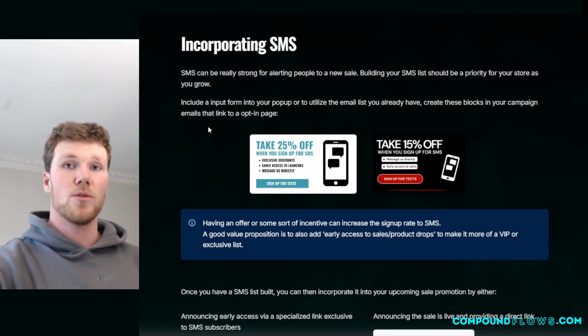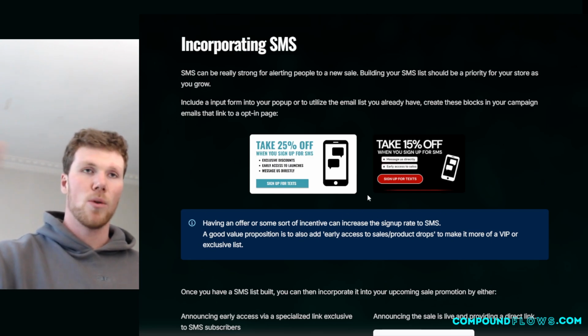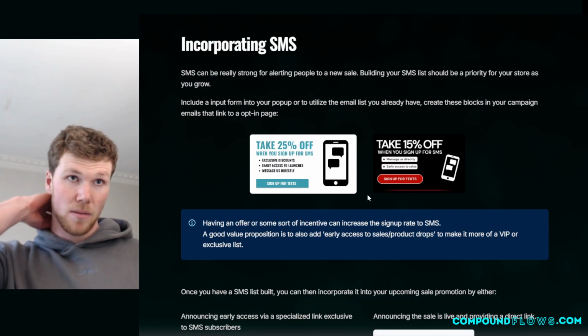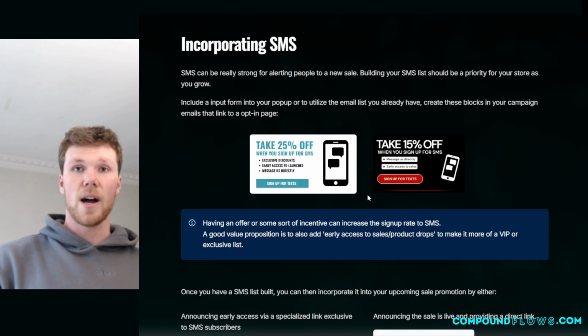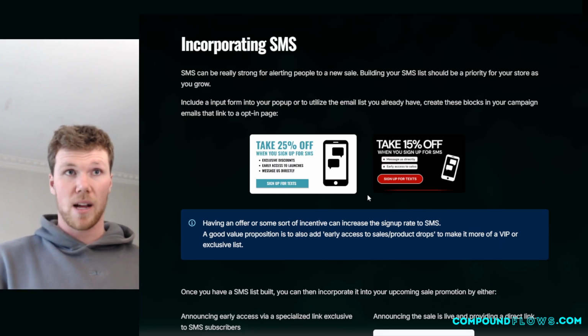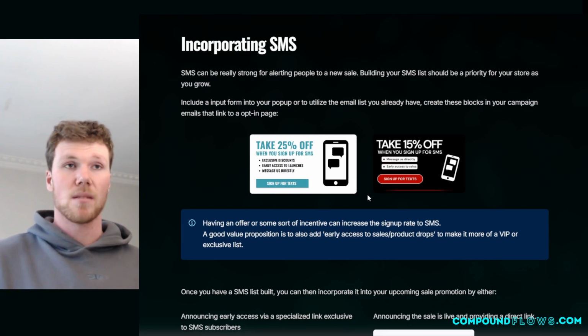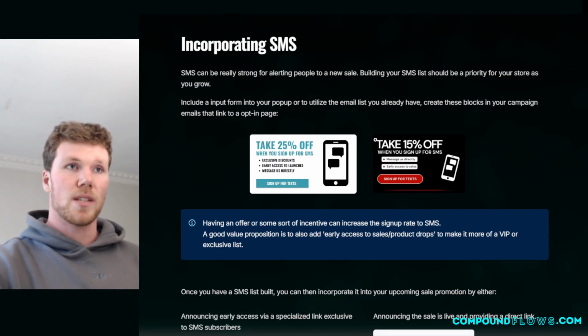So one good way to start building your SMS list, if you're not already, is making little blocks like these that you can put at the bottom of your campaign emails, or just create an entire campaign email itself, centered around this idea of signing up to SMS. And it's really good to have a really good offer, some value propositions.